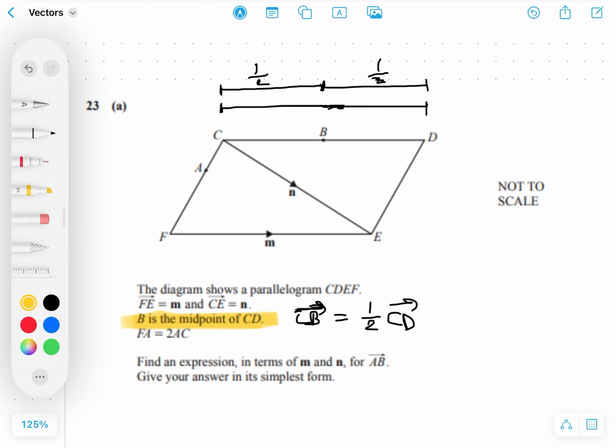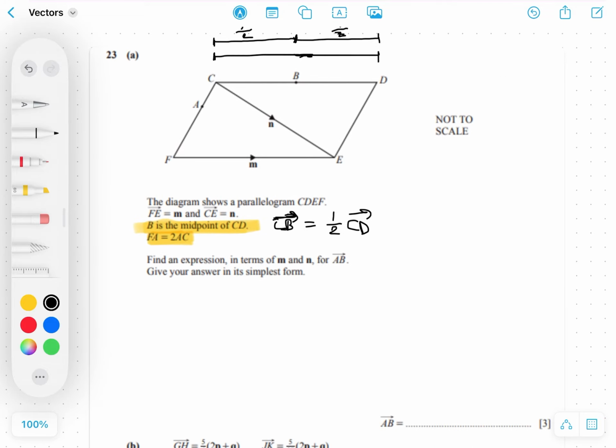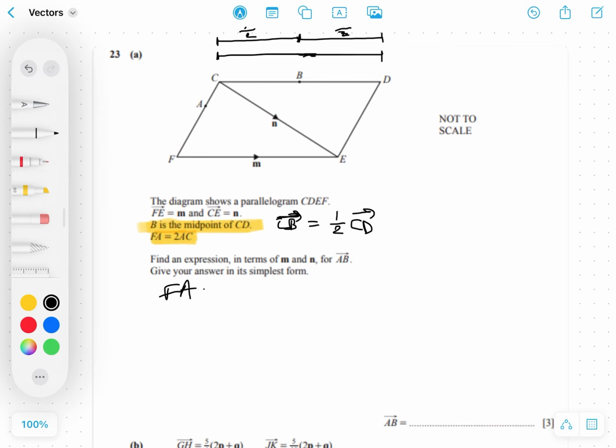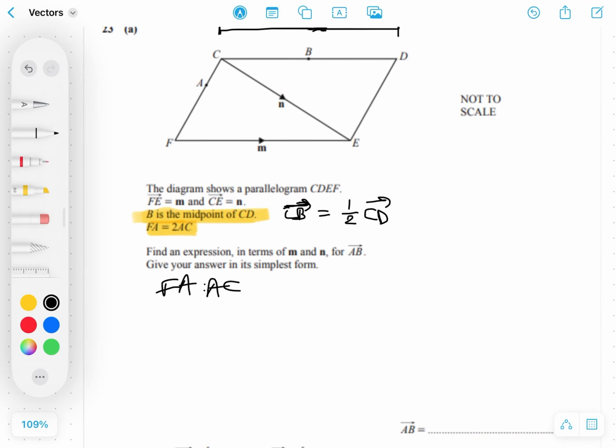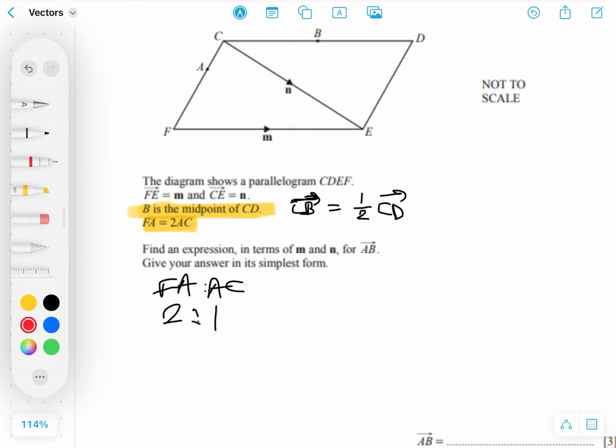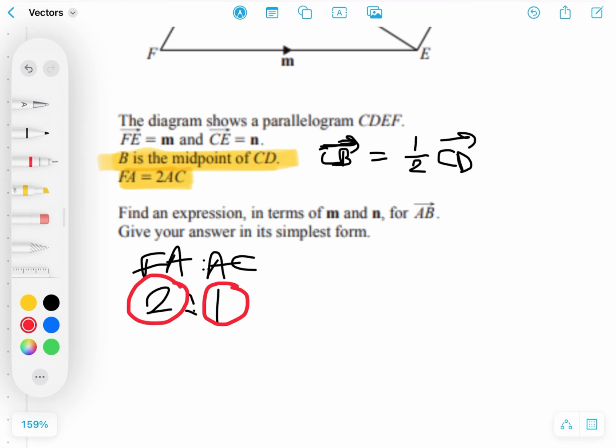And the second part of information we're given is that FA is two times as large as AC. So if we were to write that as a ratio, you'd have FA to AC, and FA would be twice as large as AC, so it's the ratio 2 to 1. And if we wanted to write AC as a fraction of the entire line segment FC, what we would do is take these two, imagine these as parts, and add them up, and we would get 3.